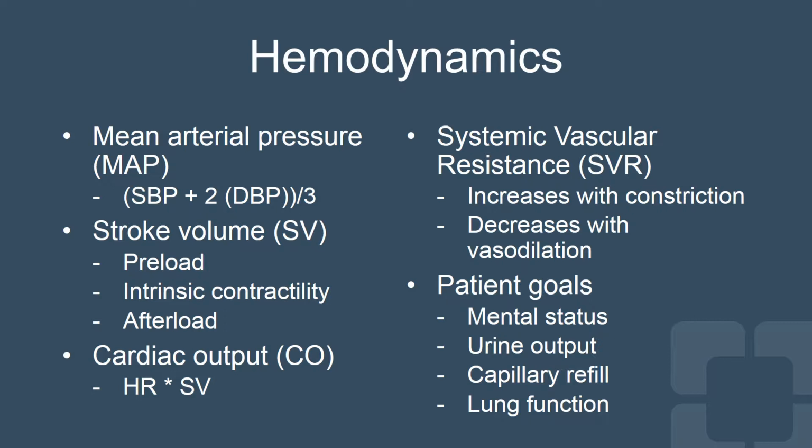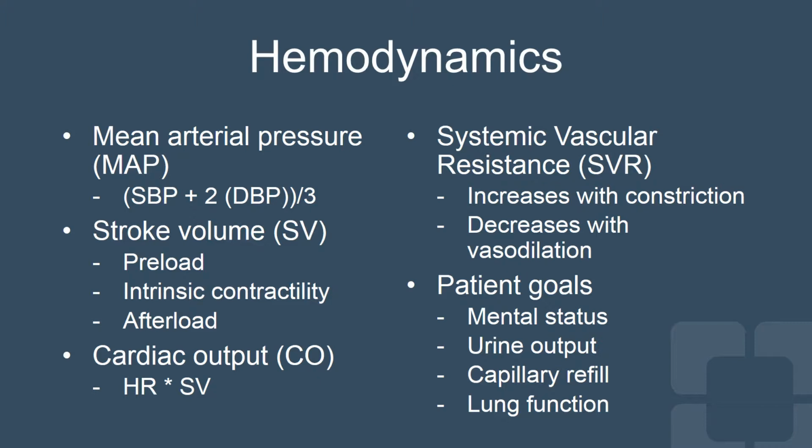Next things that we think about in terms of hemodynamics is stroke volume, which is important because this is affected by the different states of shock. So we have our preload, which is the amount of blood that's coming into the heart. We have the intrinsic contractility, how well that heart is actually functioning. And then we have the afterload, which is the pressure at which the heart has to pump against, or that systemic vascular resistance.